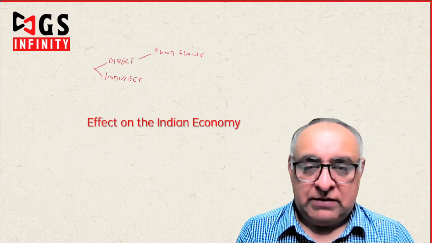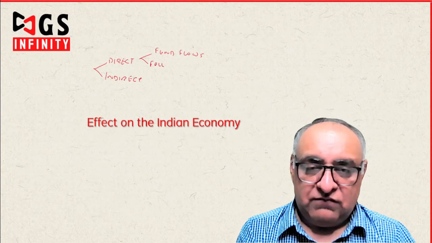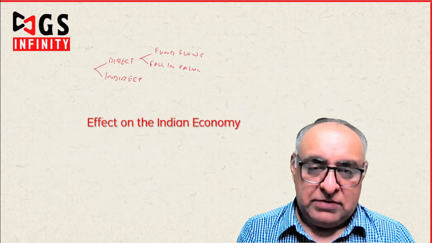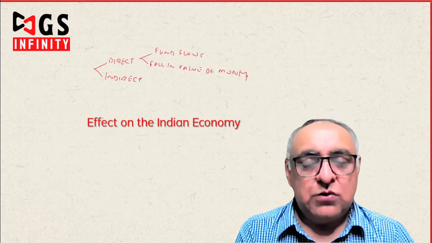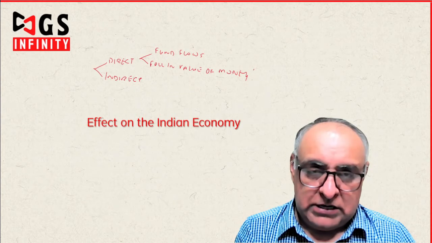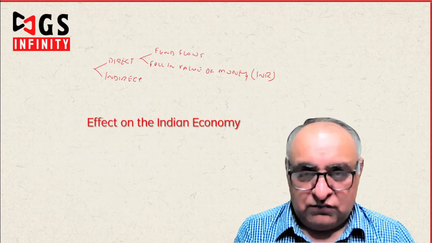And the second direct impact or the visible impact, that is fall in the value of money, which is known as the depreciation of Indian rupee in comparison with the US dollar. Okay, money here means Indian rupee in comparison with the dollar.